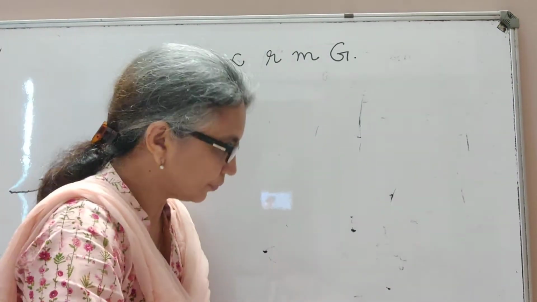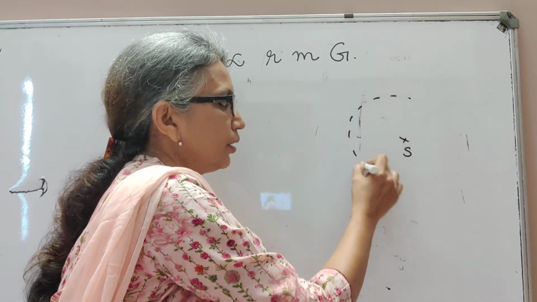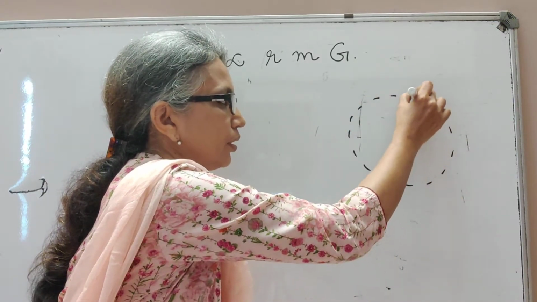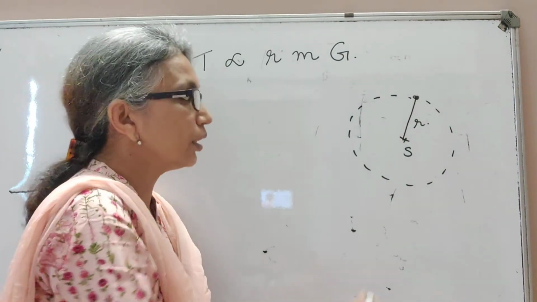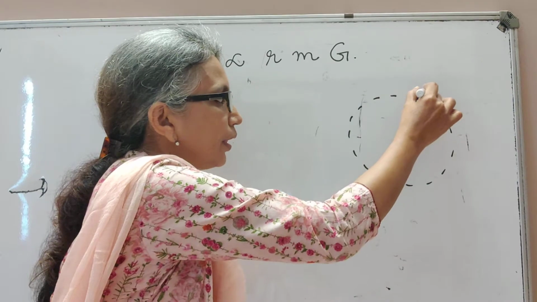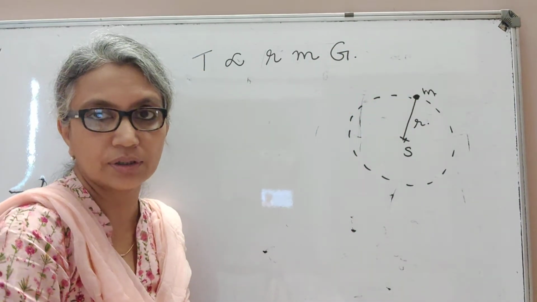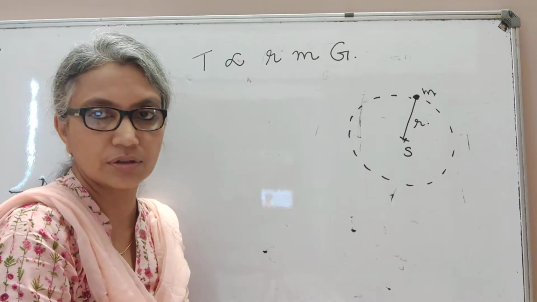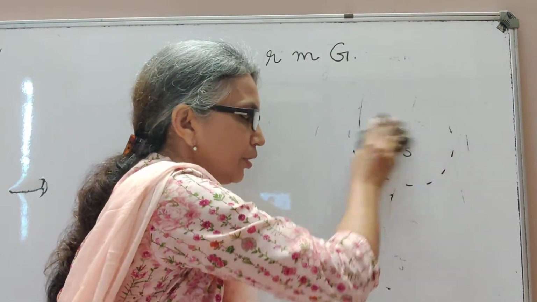So if your Sun is here and your planet takes a circular orbit around it, then this is the radius of orbit. Then they're talking about mass of the planet, and this is that constant which I told you is called the gravitational constant, which is a constant for all bodies.